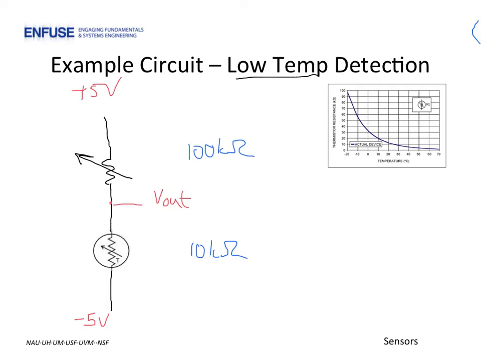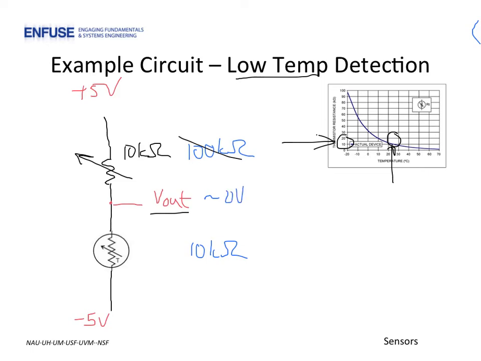If we adjust the potentiometer to be of a value of 10 k ohm, then at room temperature, that is at 25C, we know that our thermistor will also have value at 10 kiloohms. And thus, the voltage V out will be halfway between the voltages at the top and the bottom of the string. That is, V out should be approximately 0 volts.